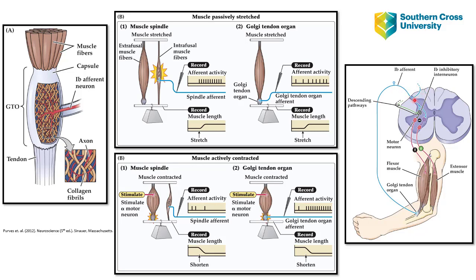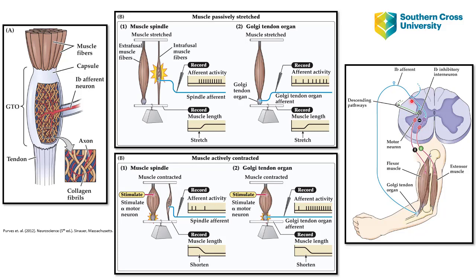But we also have these collaterals that synapse directly onto inhibitory interneurons that then inhibit the alpha neuron pool of the muscle that's creating the tension. So we're actually inhibiting the muscle that's creating the tension. It's a bit like the opposite of when we were talking about the stretch reflex.